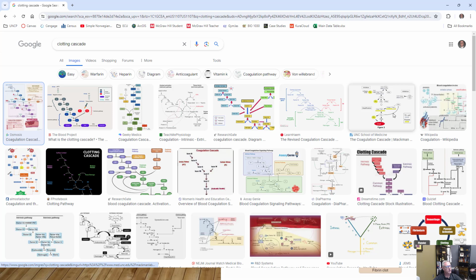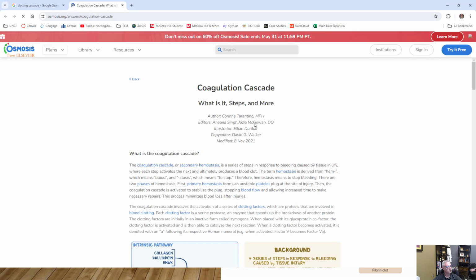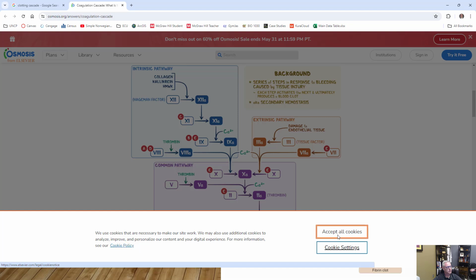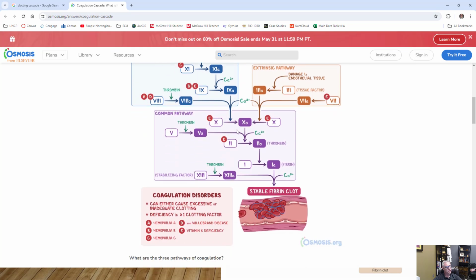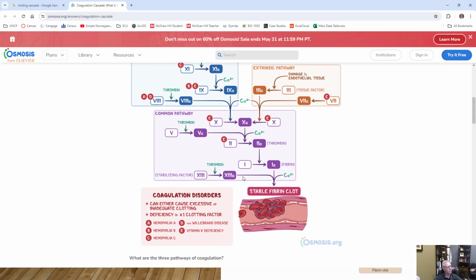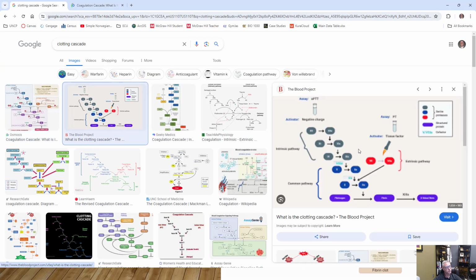You can come up with this image. Let's accept all. You can memorize this: your intrinsic, extrinsic, common pathway. You can look at this one.